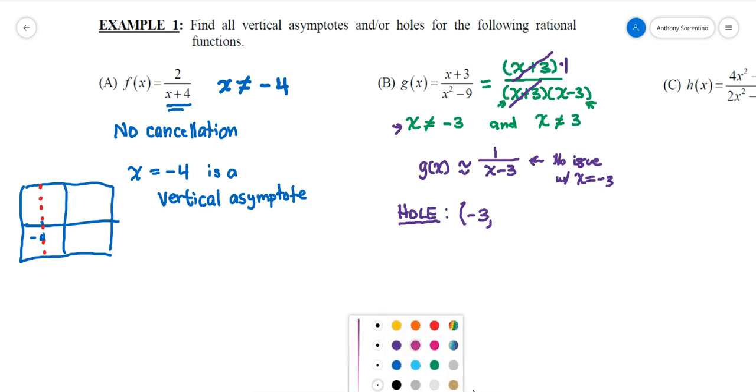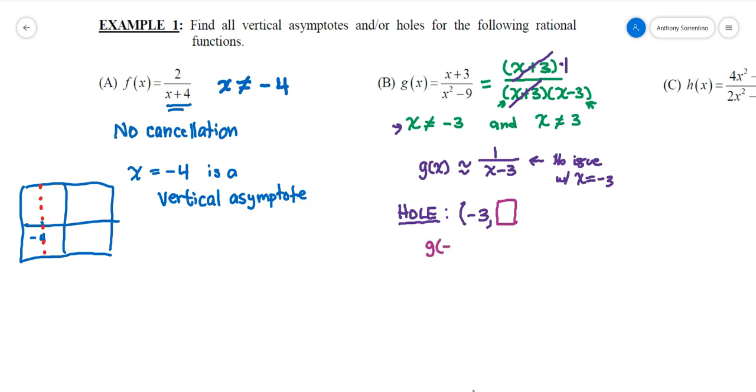To figure out the y coordinate that goes here, I'm going to simply do g of negative 3 on the purple version. I do 1 over negative 3 minus 3, which ends up being negative 1/6. And so I have the location of the hole.